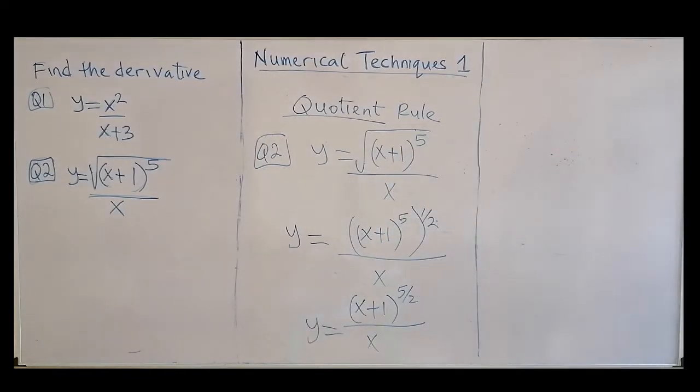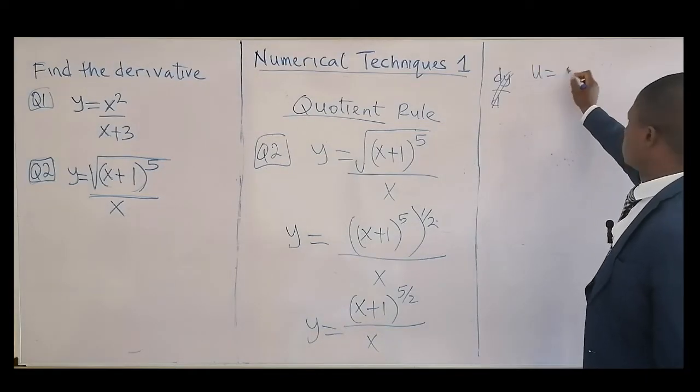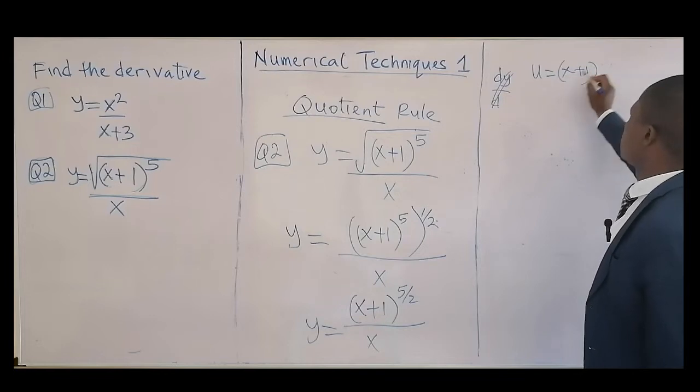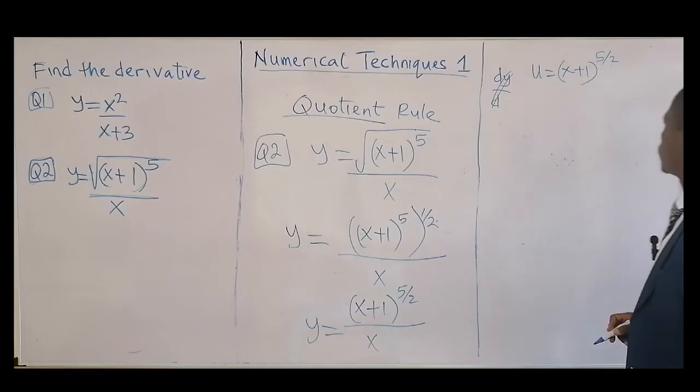Then the next thing to do is to apply the quotient rule. So u is equal to x plus 1 to the power 5 over 2.